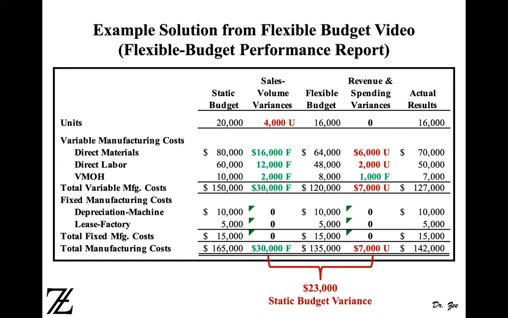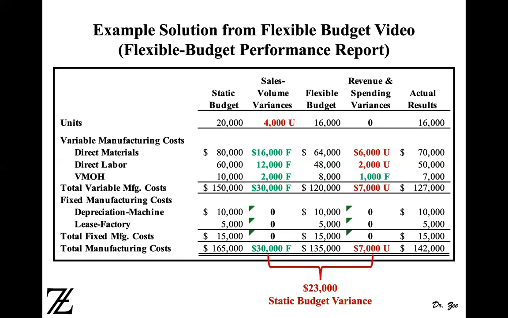So in this video, we'll be focusing on revenue and spending variance, and we'll try to figure out how we get these variances. What was the cause of the direct material variance? What was the cause of direct labor variance?